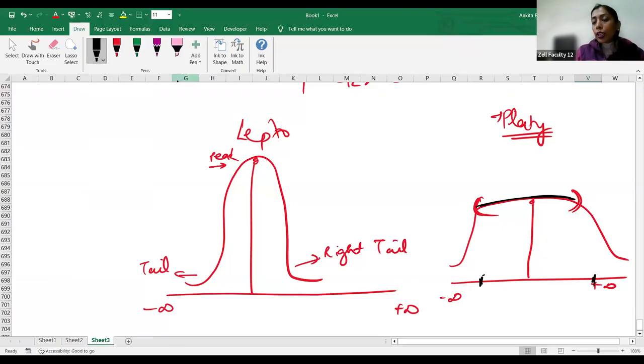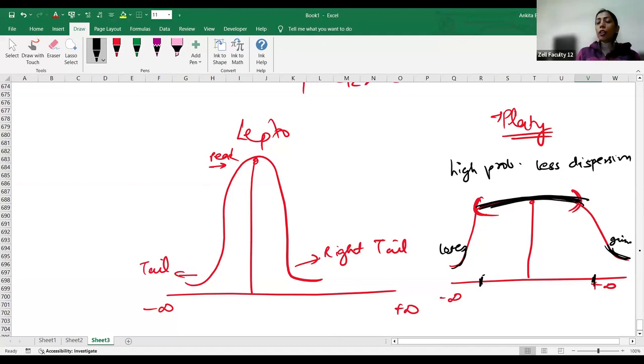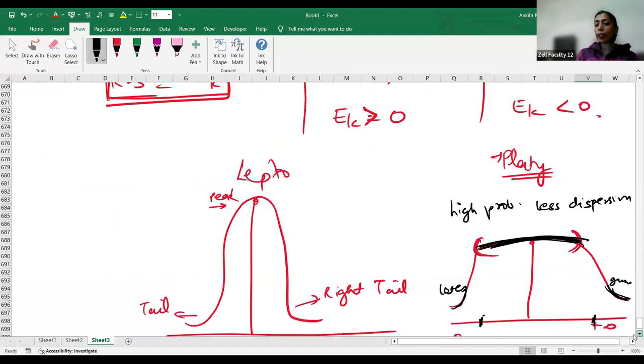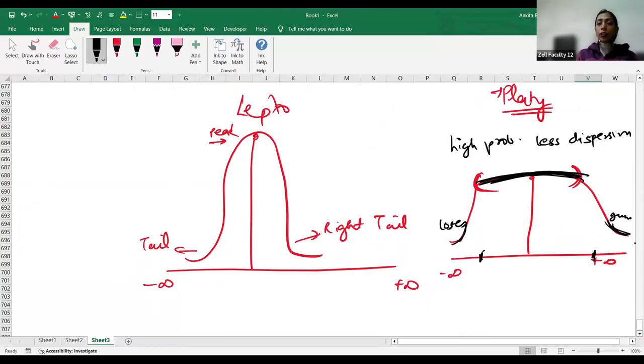So many values are lying here, which means that we have high probability that there will be very less dispersion in the values. The values would be very concentrated towards the mean most of the times. And very low probability that there will be extreme gains or extreme losses. These are extreme losses and these are extreme gains. So we can see that there is low probability that there will be extreme gains or extreme losses.